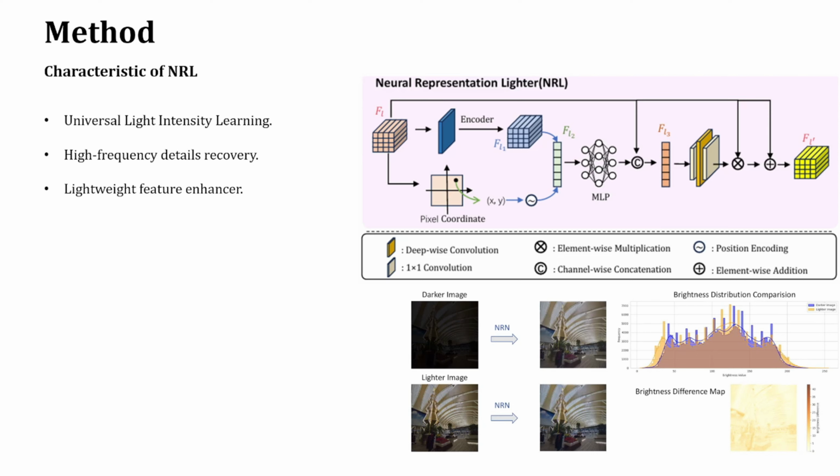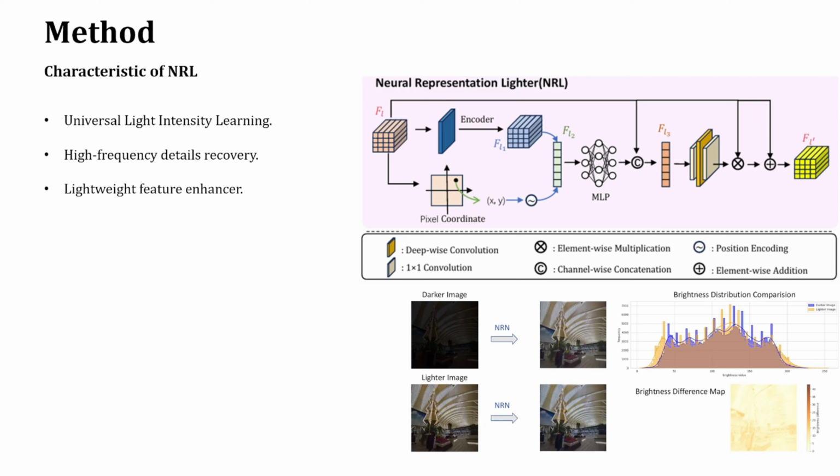We delve into the characteristics of INRL, using INR to process two images with different light intensities. The distribution of Y-channel pixel values is similar, and a heat map of their brightness differences shows a low value. It can be seen that the INR method has the ability to learn universal illumination. We plan to utilize this characteristic to enhance low-light images.